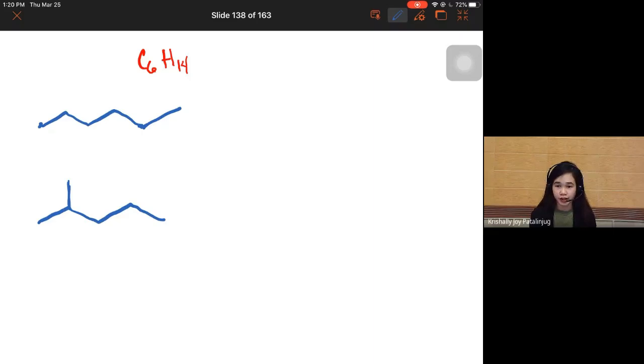Let's check if this will still have 6 carbon, 14 hydrogen. Carbon first: 1, 2, 3, 4, 5, 6, so C6. What about the hydrogen?